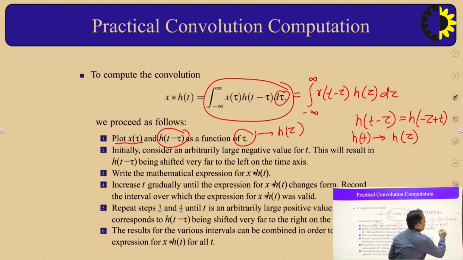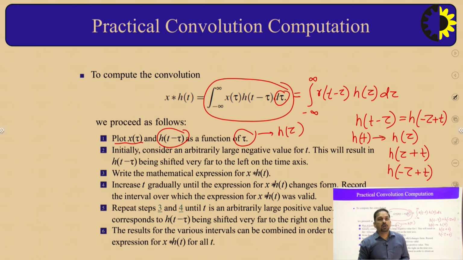After that, with the help of shifting, I get h of tau plus t, and finally with time reversal I get h of minus tau plus t, which is nothing but h of t minus tau. So both are the same thing. These are the steps.